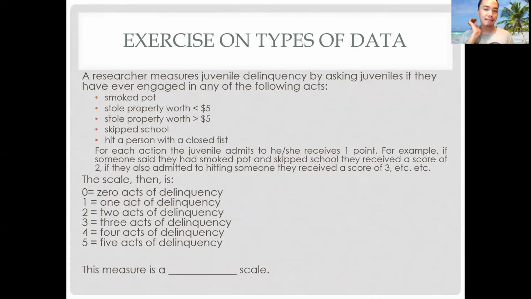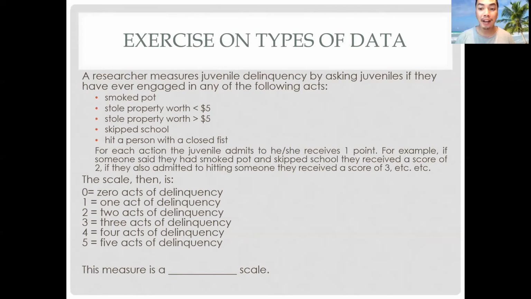Now, last example. A researcher measures juvenile delinquency by asking juveniles if they have ever engaged in any of the following acts: smoke pot, stole property worth less than $5, stole property worth greater than $5, skip school, hit a person with a closed fist.